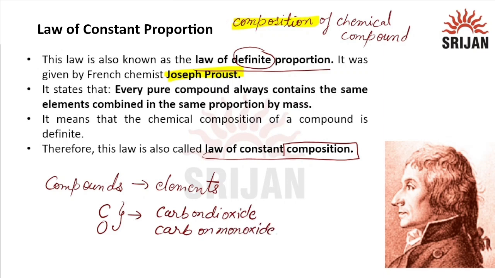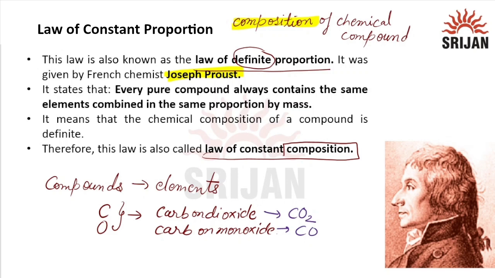This will depend on the proportion. If carbon and oxygen are forming carbon dioxide, it will contain one carbon and two oxygen. Similarly, if carbon and oxygen are reacting to form carbon monoxide, this compound will have one carbon and one oxygen.